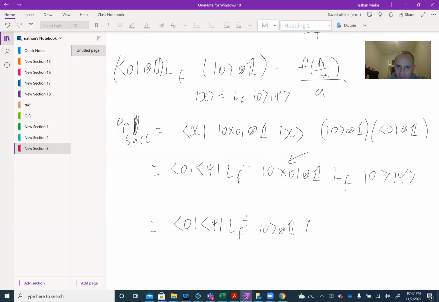So then this is equal to 0 tensor identity LF 0 psi.